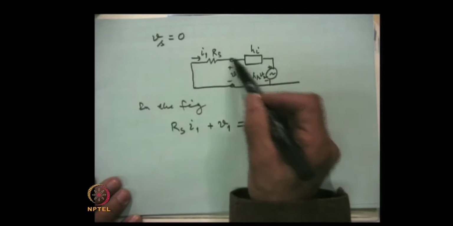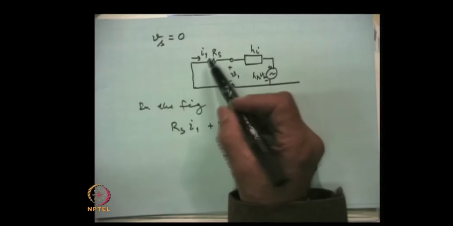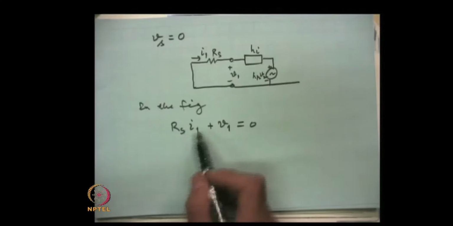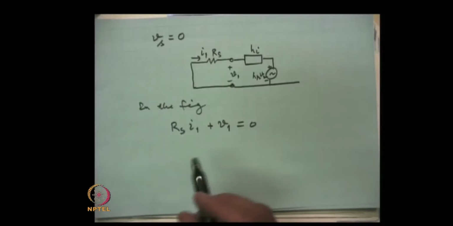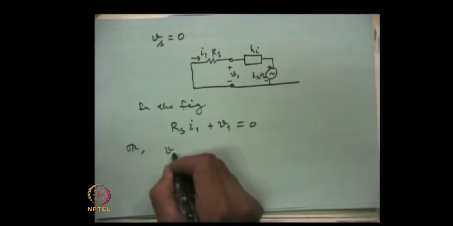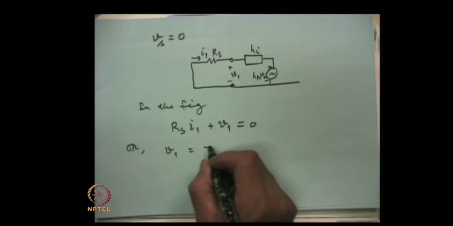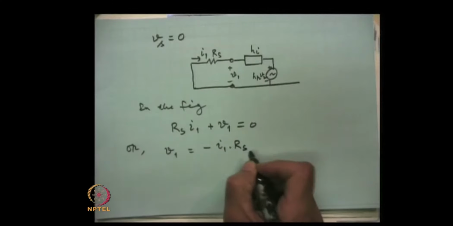Here again, the summation of voltages, the voltage drop, should be 0 in the circuit. So from here, V 1 is equal to minus I 1 into R s.